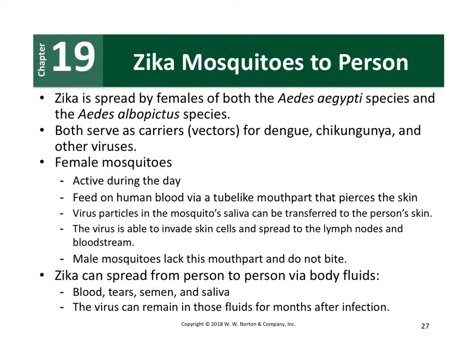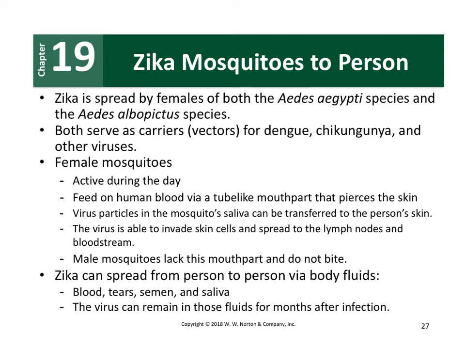Zika is spread by the females of both Aedes aegypti and Aedes albopictus species. They both serve as vectors, so vector-borne disease carriers, for dengue, chikungunya, and other viruses, including Zika, yellow fever, all kinds of things.